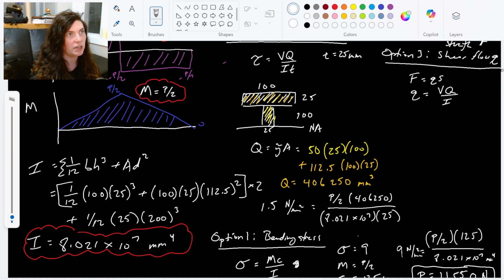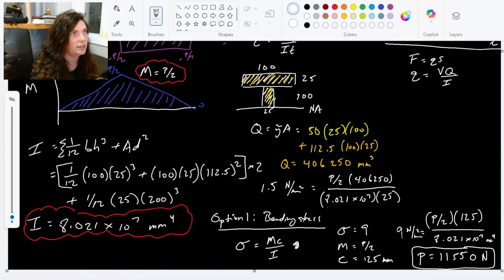Everybody's in millimeters and newtons, so my P is going to work out to be in newtons. And here I get a P value of 14,808.